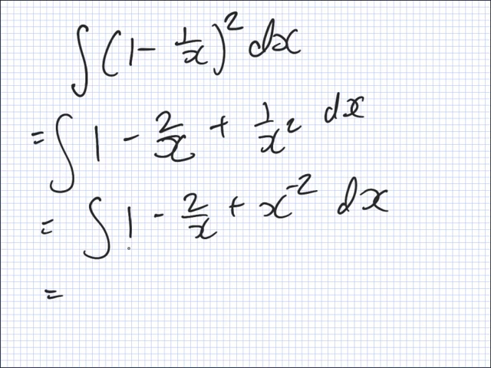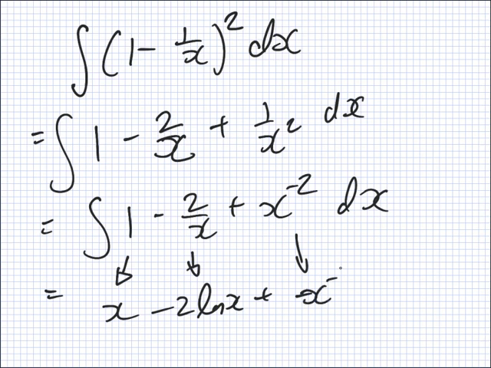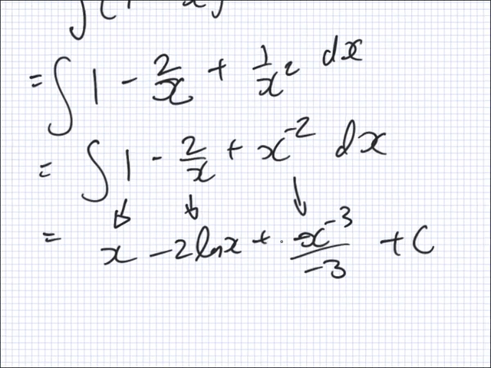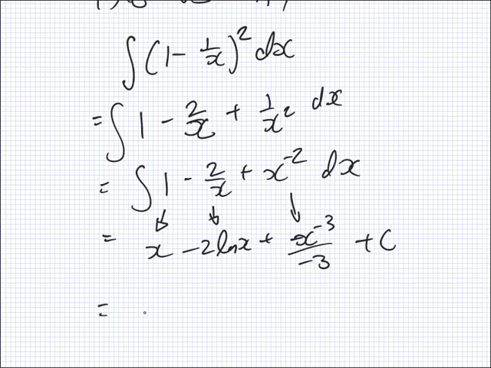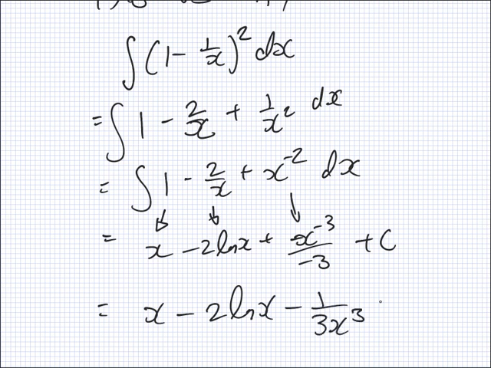No, because that integrates to x, but that integrates to log x. And that integrates to x to the minus 3 over minus 3 plus c. Yeah? So the answer is x minus 2 log x minus 1 over 3x cubed plus c.